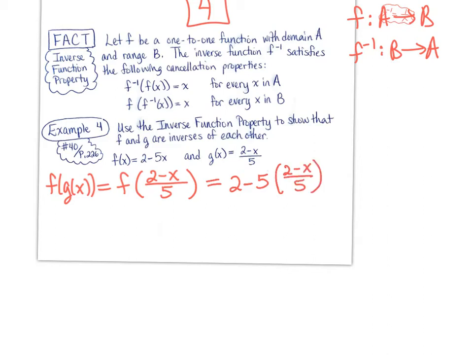Now what happens? What happens here? You have 5 times 2 minus x over 5. Online, you can contribute as well. What happens here? There's a question online. Notice that we can write 5 as 5 over 1. So then that's 5 over 1 times 2 minus x over 5. What happens?